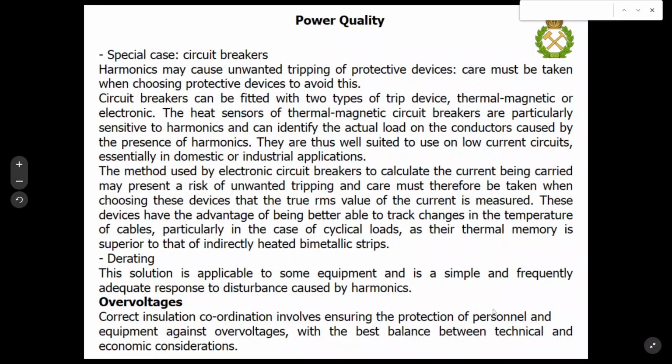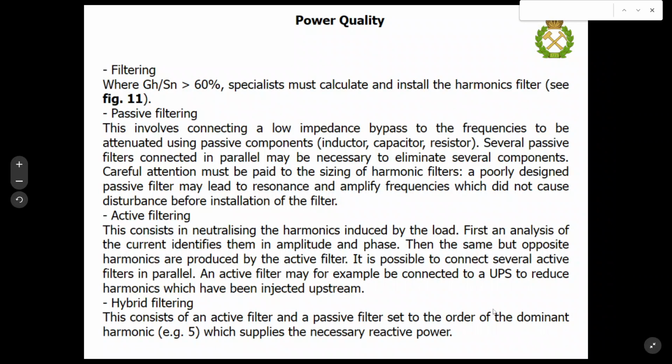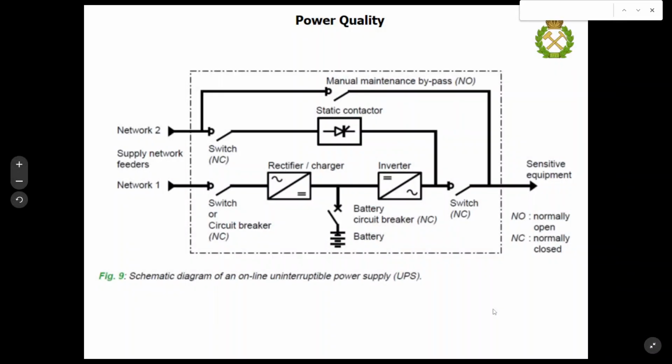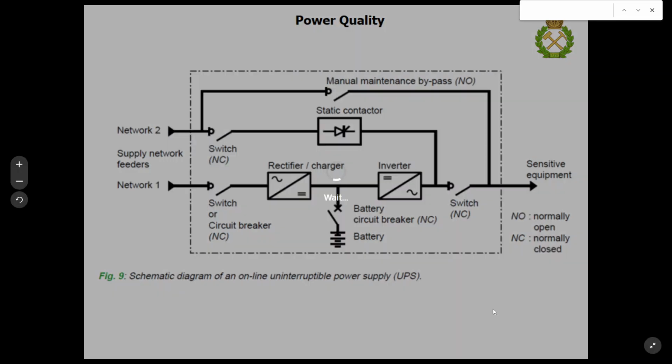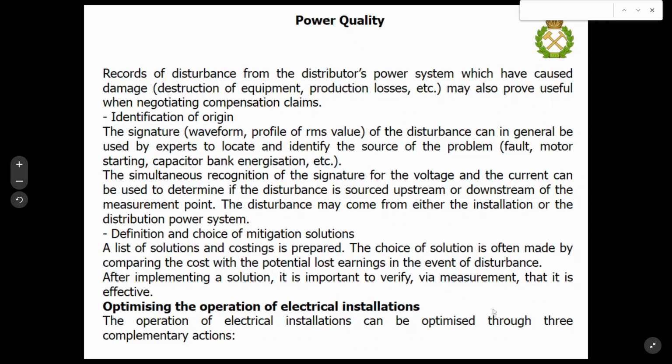Also, let's talk about some regions, and some technical devices intended to eliminate such voltage interruptions. For example, one moment.